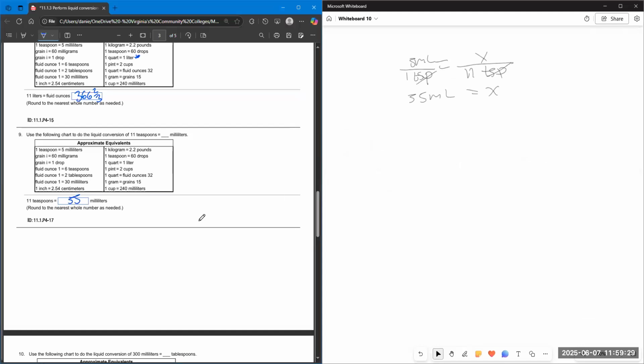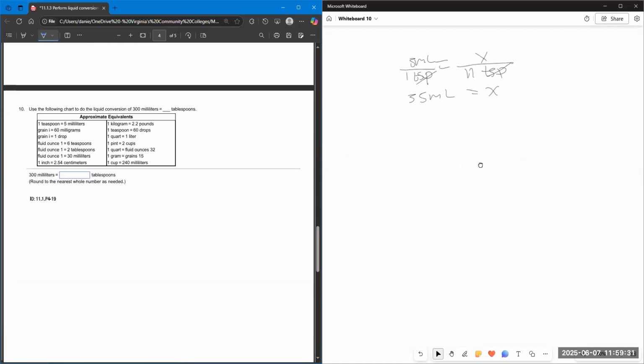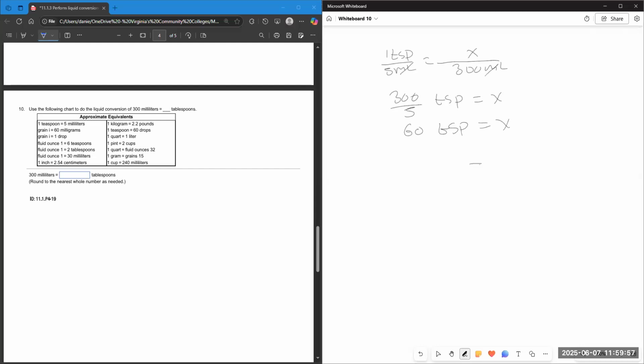And for our last question, we have 300 milliliters. And we want to go to tablespoons. So let's go to teaspoons first. 300 divided by 5 teaspoons is X, so that's 60 teaspoons.